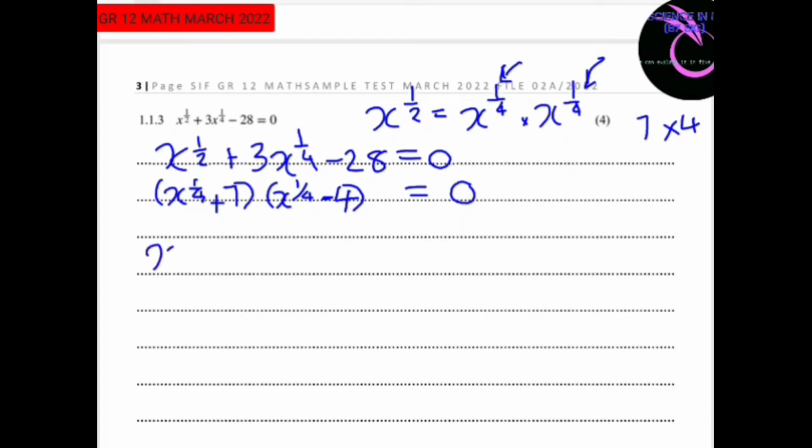All I need to do now is solve. x to the power of a quarter is equal to minus 7, or x to the power of a quarter is equal to a positive 4. Now when I get to this stage where I've got a rational exponent, how do I get rid of a rational exponent?